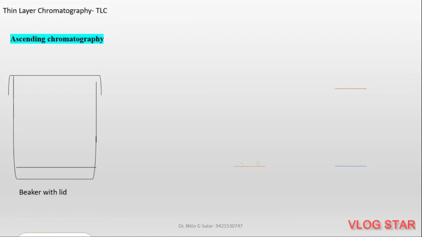In that, you have to add a piece of filter paper, because of the saturation. Saturation of the chamber is important to get an accurate result. Where in your beaker the air is present, that air causes entrapment and causes difficulty in running the solvent, so that saturation is required.